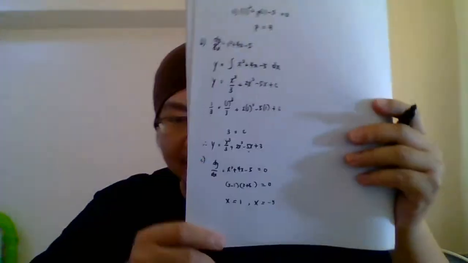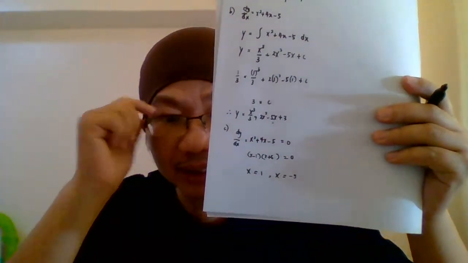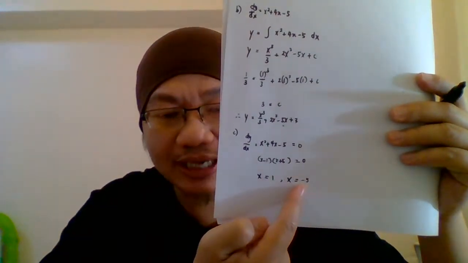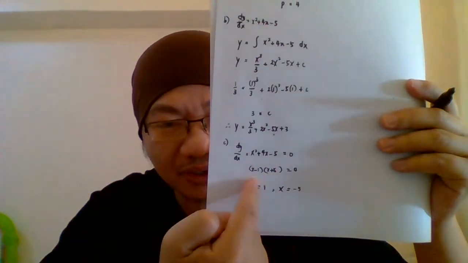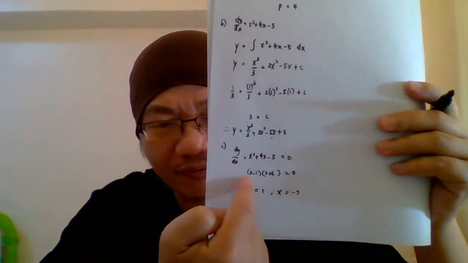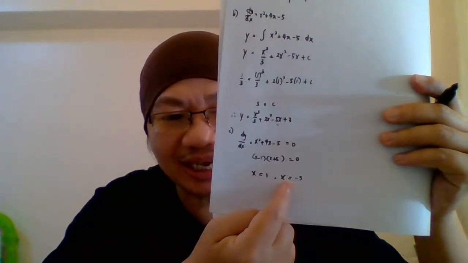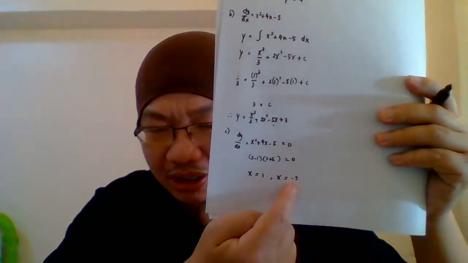Ifa, what did you get? -5. Okay, I assume that is the answer. So update your bracket. You're supposed to get it like this. Ifa said -5, so I put -5 here. That is your second x. So don't forget to update your quadratic factorization here. Now, the second turning point is x equals -5.